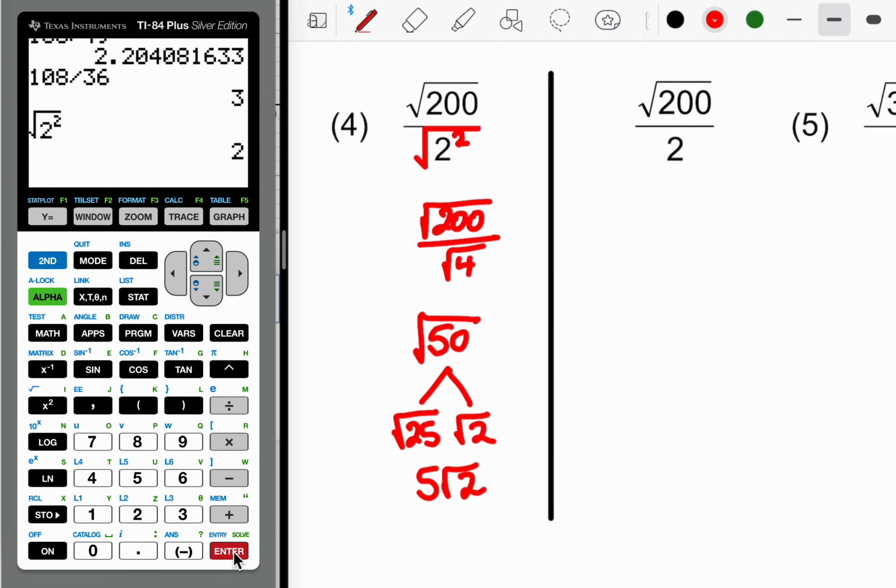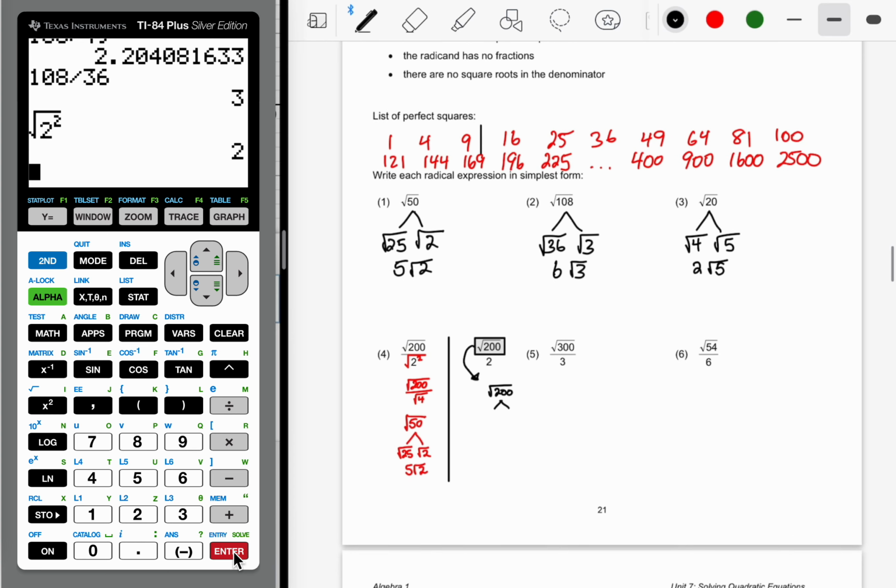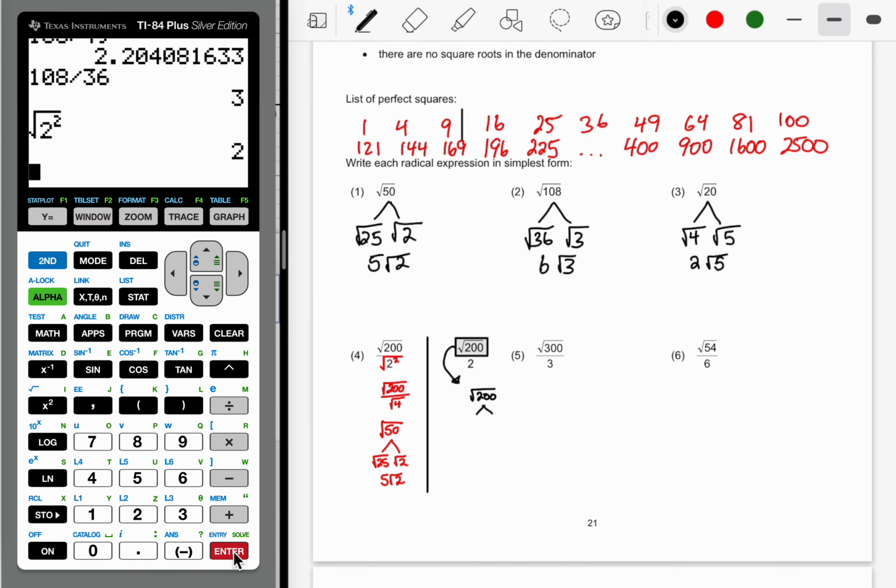The other way is to simplify the radical 200 first, then divide. So what I would do is take this radical 200, go to my list, find the half value of the 200. Oh, actually, I already have a marker.